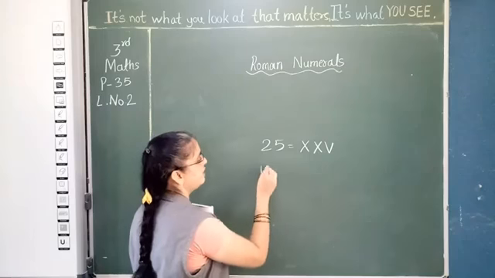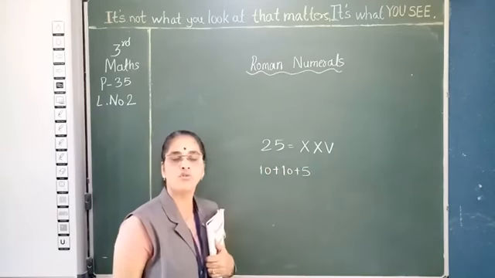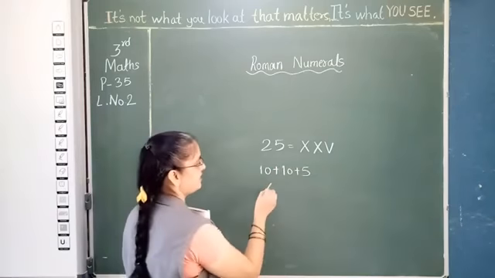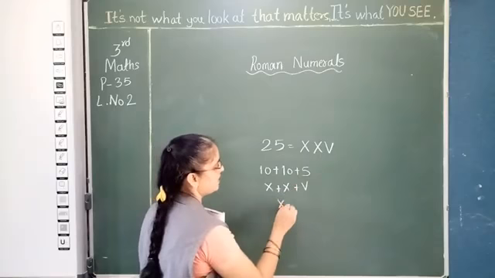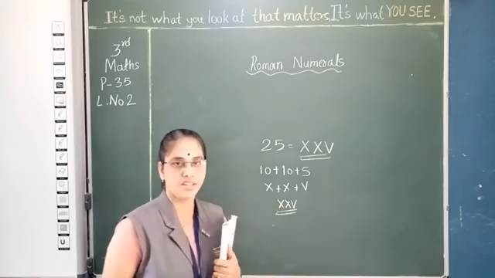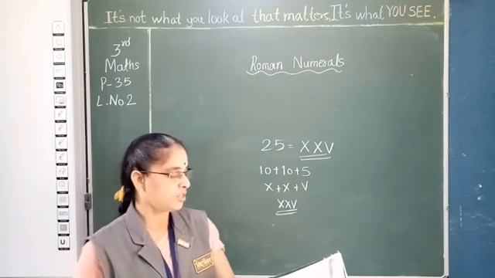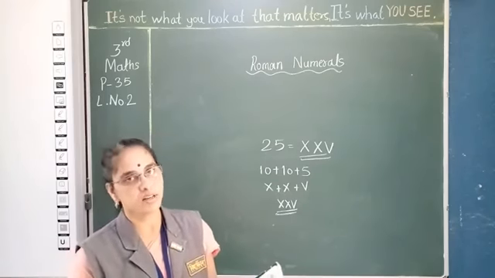That is 10 plus 10 plus 5. So for 10, which symbol is there? X plus X plus V. So what is that? XXV. Is it correct? Yes. So what is the statement? The Roman numeral for 25 is XXV is true.